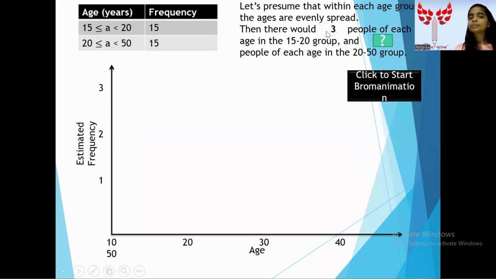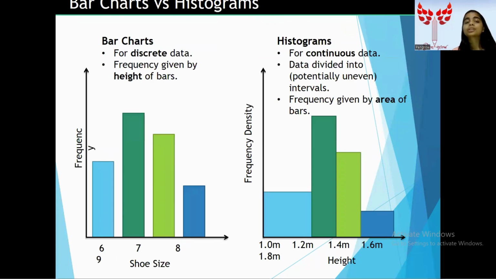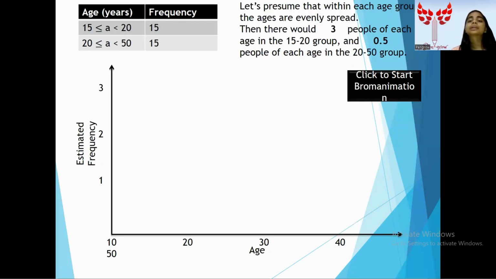And how would you do that? Between 15 and 20, there is a class width of 5, so that means 3 people of each age between 15 and 20. And 20 to 50 has a class width of 30, which means 0.5 people of each age. Now this is something which is more representative.